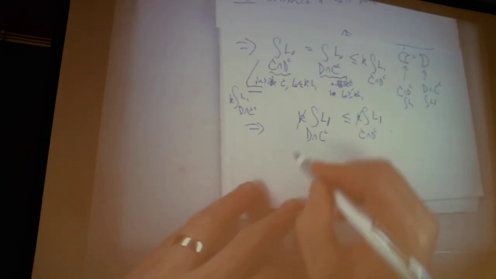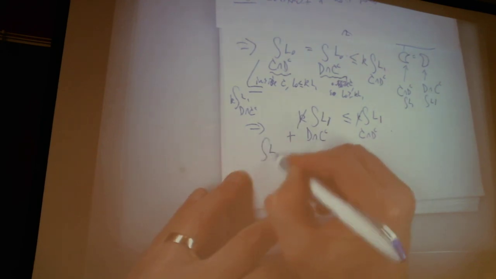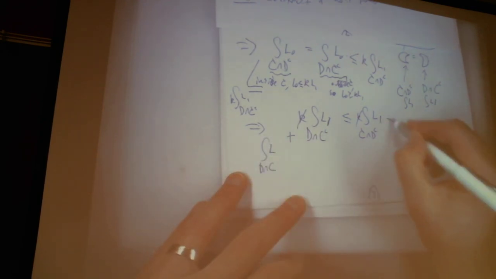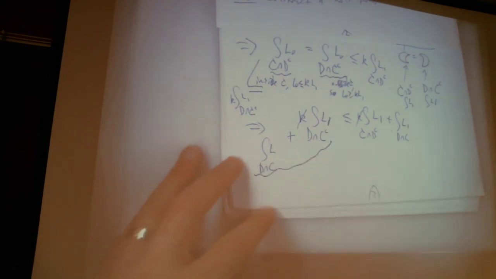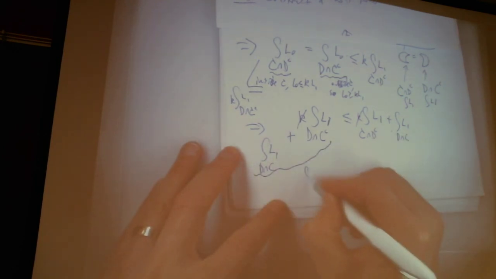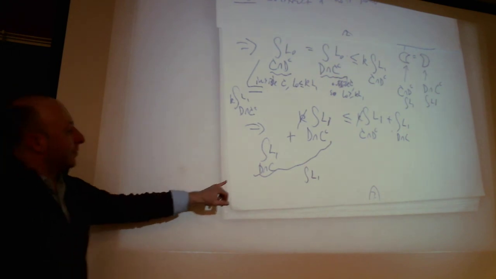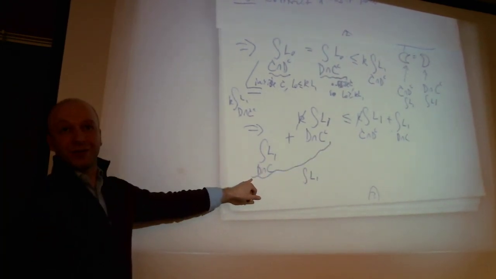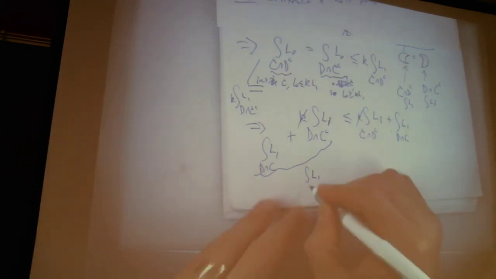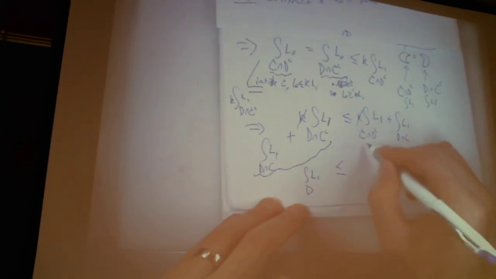Now let me add to both sides the integral of L1 over D intersect C. What do I get here? I have D intersect C and D intersect C complement. These two together make the integral over D. That's a lower bound for, what do I get here?